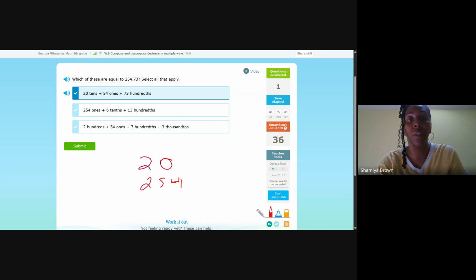So that's 73. Yep, I have to bundle. Since I have 13 here, I had to bundle a group and add it. So if I do that here, I'm going to add this 10 to this 6 to make 7. And I have 73 hundredths.